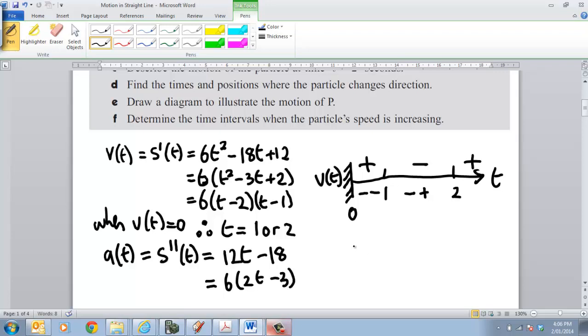So the critical point, when this equals 0 for my acceleration equation, is t equals 3 on 2, which is 1.5. Again, I can do my sign diagram: pick a value, say 1, that's going to be negative, and pick a value greater than 1.5, that's going to be positive.